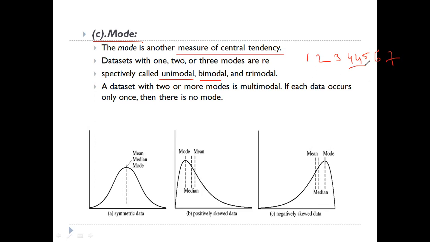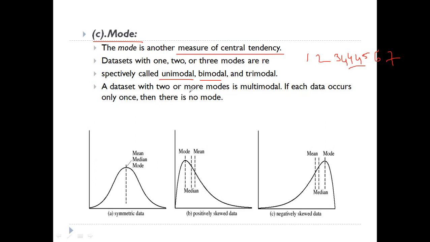And if 4 is repeated 3 times, then it's a trimodal representation. Clear? So data sets with 1, 2 or 3 modes are respectively called unimodal, bimodal and trimodal.